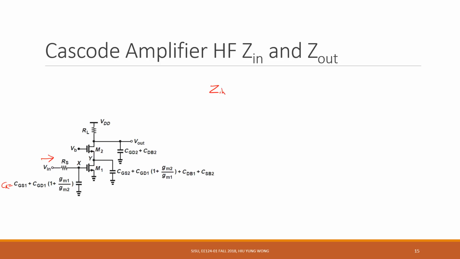So Z in equals RS plus 1 over S times Cx. Okay, and how about Z out? We look back, Z out becomes RL, this time in parallel with 1 over S times CGD2 plus CDB2.